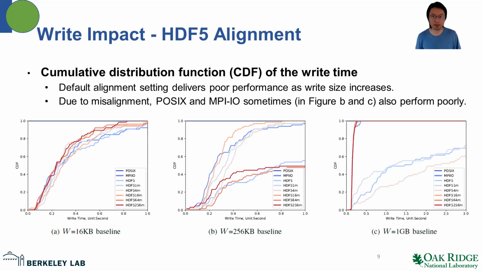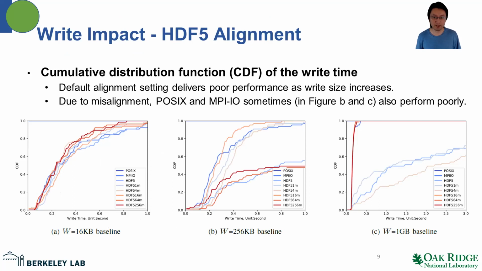Now let's look at the results. First, let's look at the impact of HDF5 alignment on the write performance. We have plotted the CDF of the write time for different configurations. We have small write sizes of 16 kilobytes to 215 kilobytes and then up to 1 gigabyte.